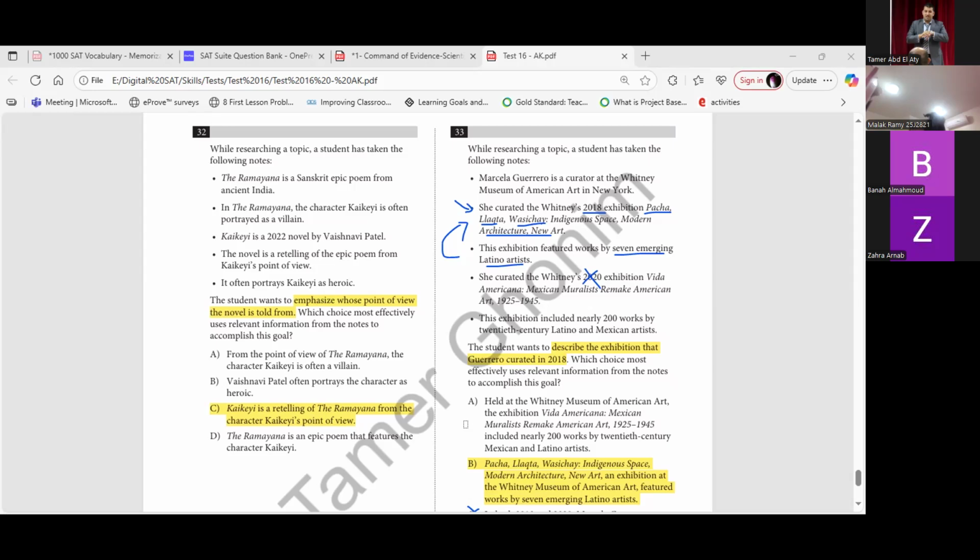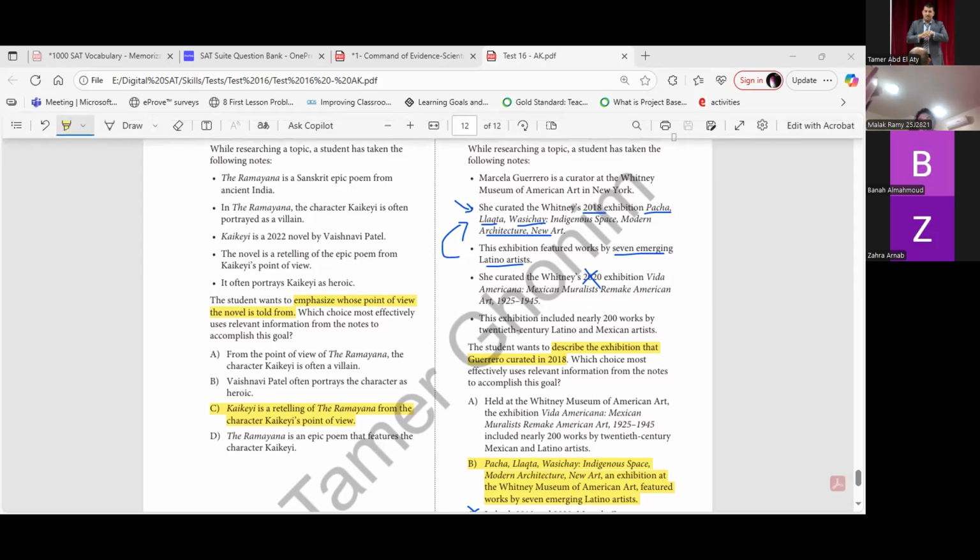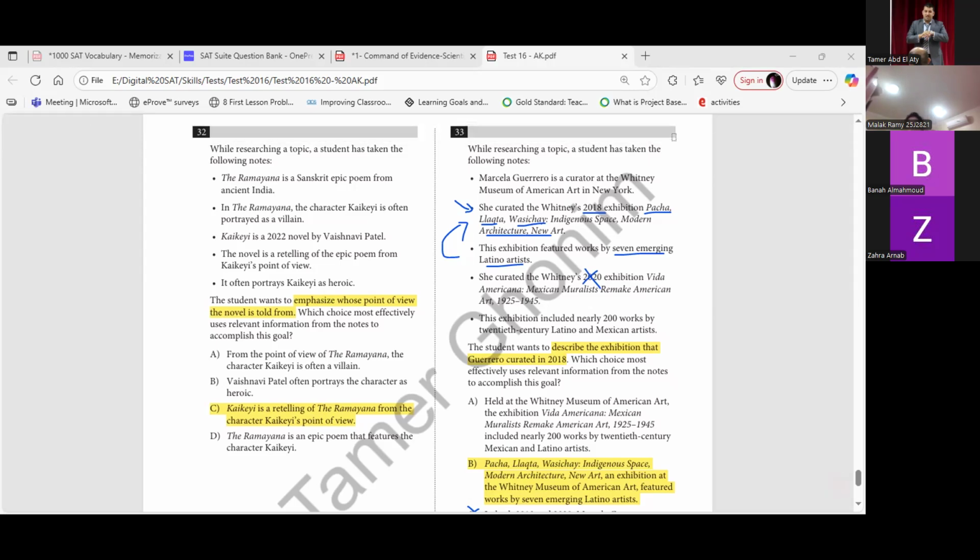Okay. What is the skill that we revised together last time with the group? We revised central ideas and details. Today we're going to revise the third skill of domain one, that is the inference question.